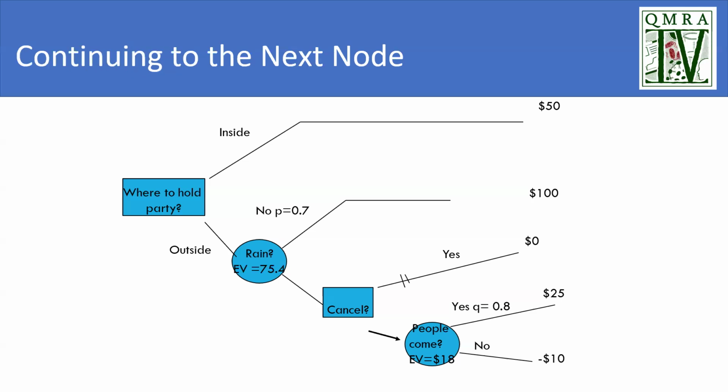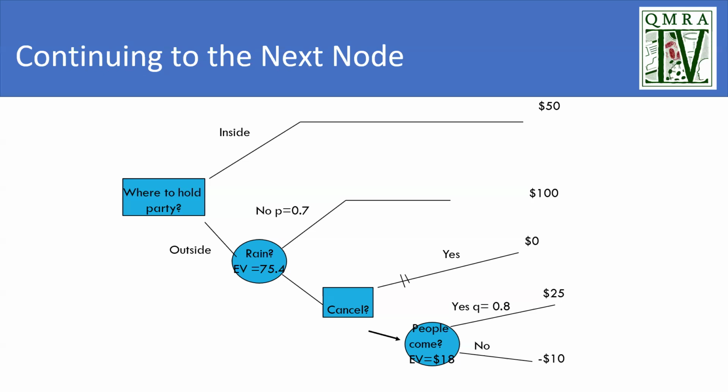Next, we're going to continue to fold back from right to left. And now we have a chance node for, will it rain? If it does not rain, our probability is 0.7.